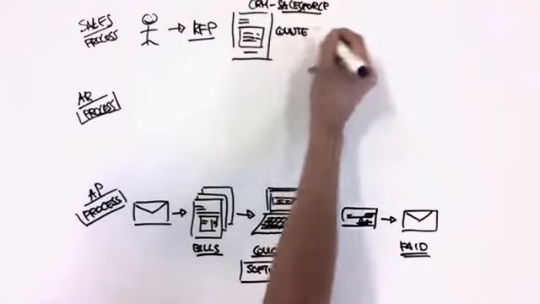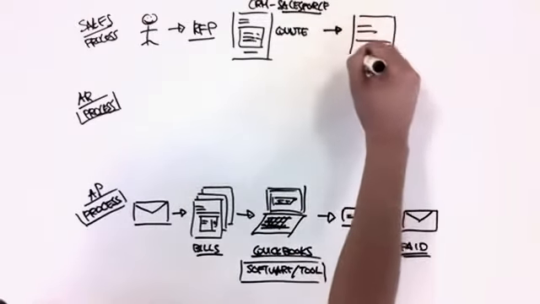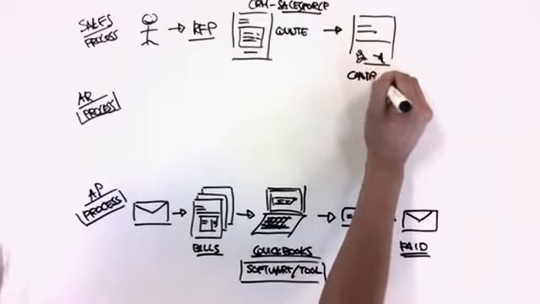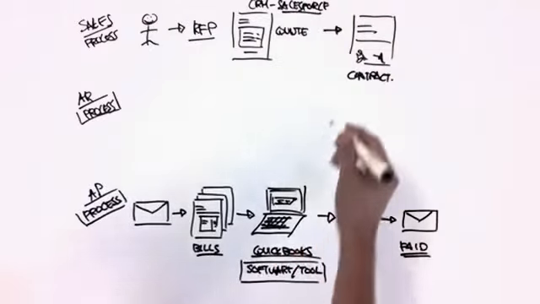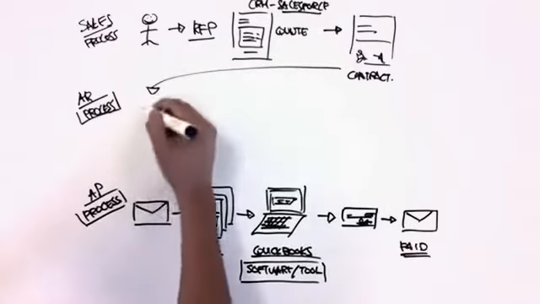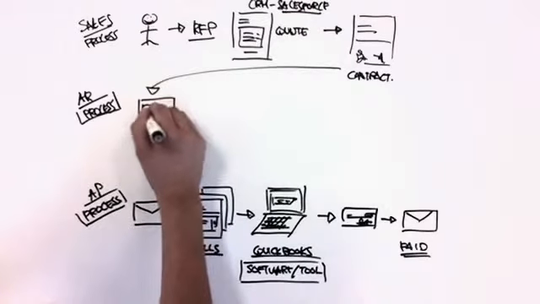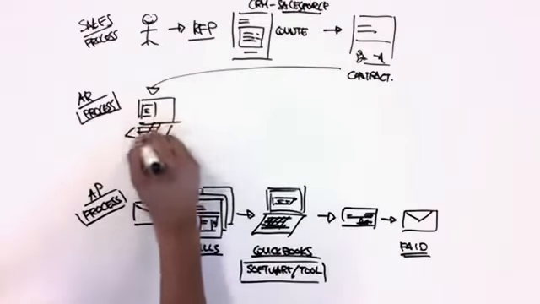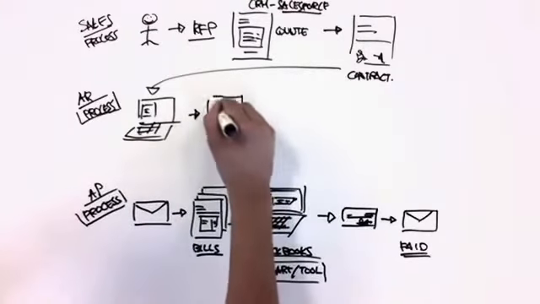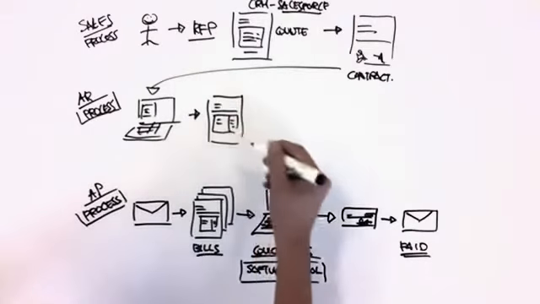And this quote eventually gets translated into a contract, a signed agreement, so both parties are happy, and now we have a contract, and we do the work, right? And this contract will eventually be brought into the receivable process, and your accounting team, again in their accounting system, will generate invoices to be sent to the customer so we can collect what is owed to us.